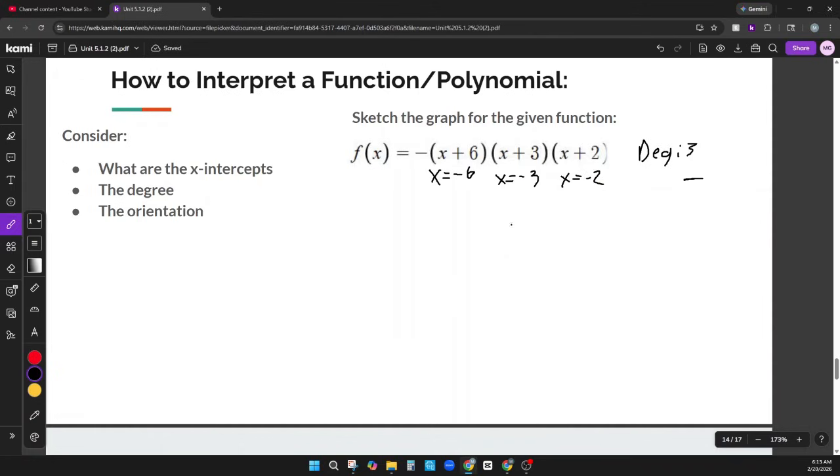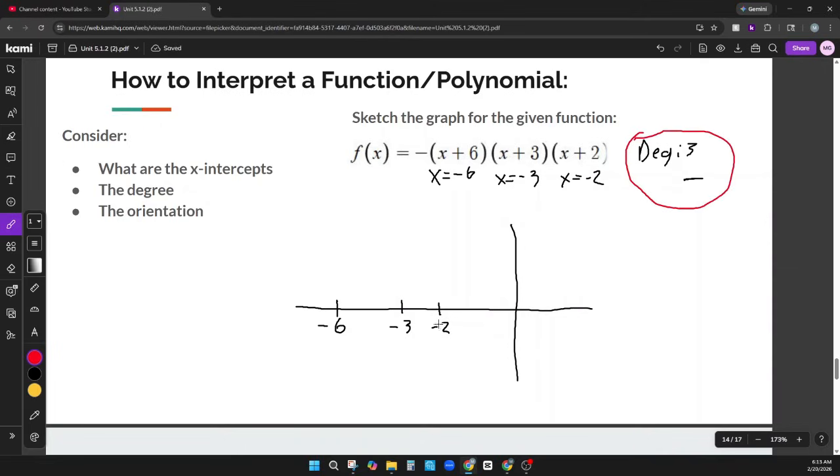Lots of negatives in this one. So I'm actually going to start my line more over here so I can make room: -6, -3, -2. And because it's going to be a negative degree 3, I know that my end is going to be down here. And because it's degree 3, I know that my ends start in opposite directions.